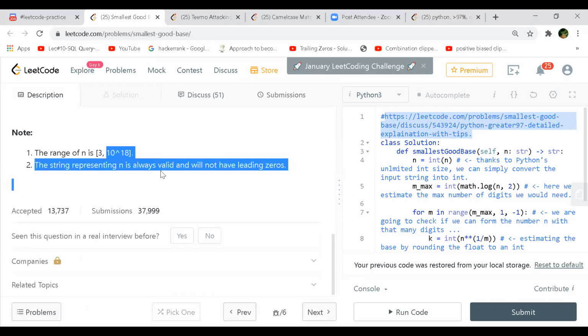So we know that 2 to the power 10 is roughly 10 to the power 3, and we have the limit as 18, so it will become 2 to the power 60. So when you take the logarithm, it will be 60, right? Yeah, something like that. Correct. I'm not sure whether that reasoning is correct or not.